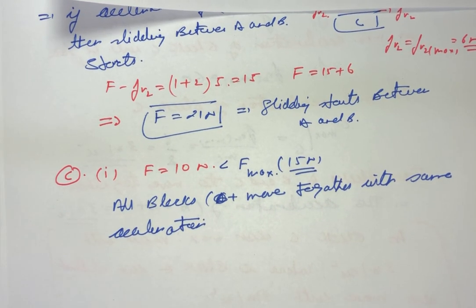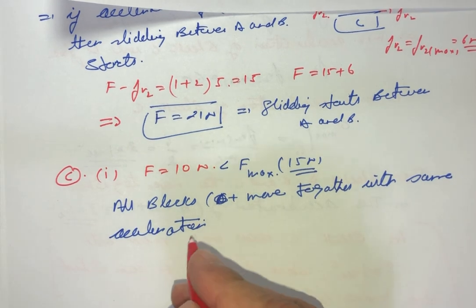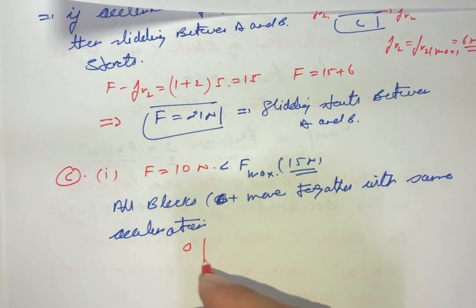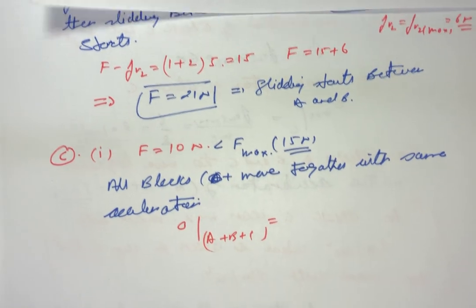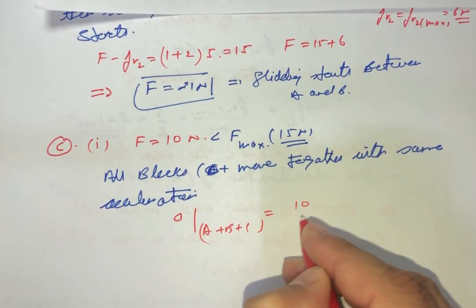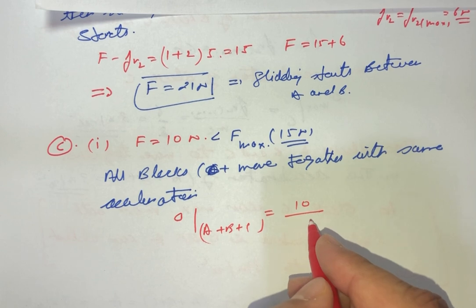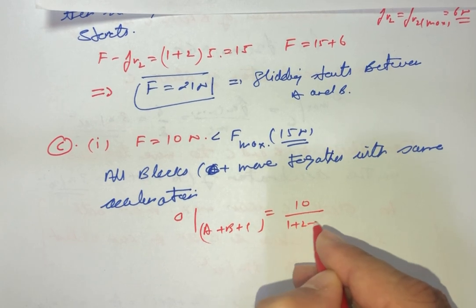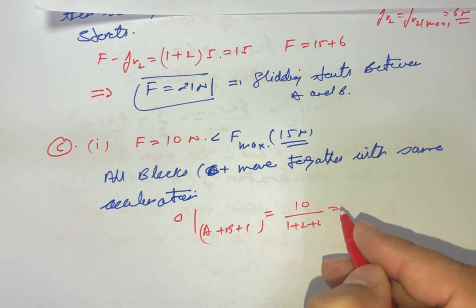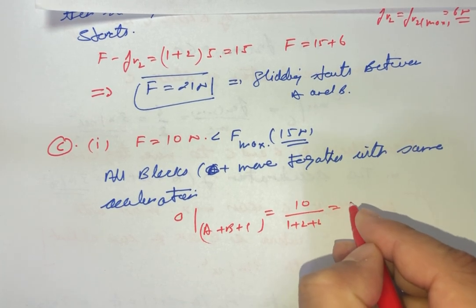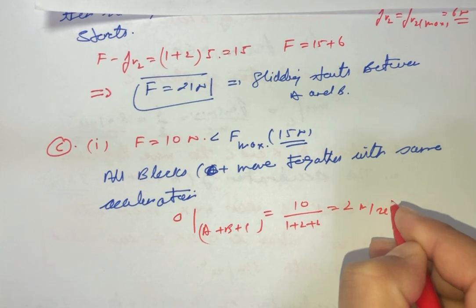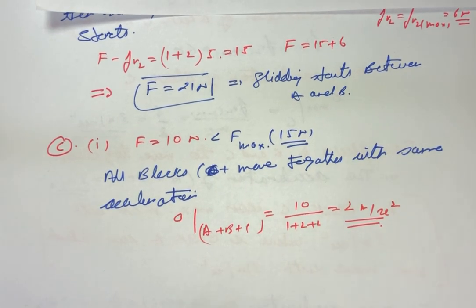Suppose that the value of acceleration is A, given for A plus B plus C, and applied force is 10, and total mass is 1 plus 2 plus 2. So this will come equal to 2 meter per second square.